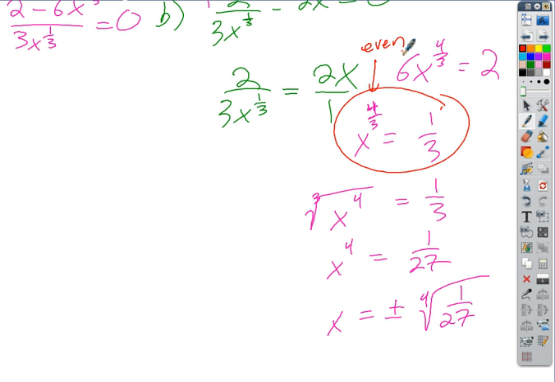Whoops, I'm going to go to the next page. That's going to get too messy. So, that's what I have. What was it? X to the 4/3. Oh, 4/3. Because the top was even. Oh, sorry. Yeah, you're right.